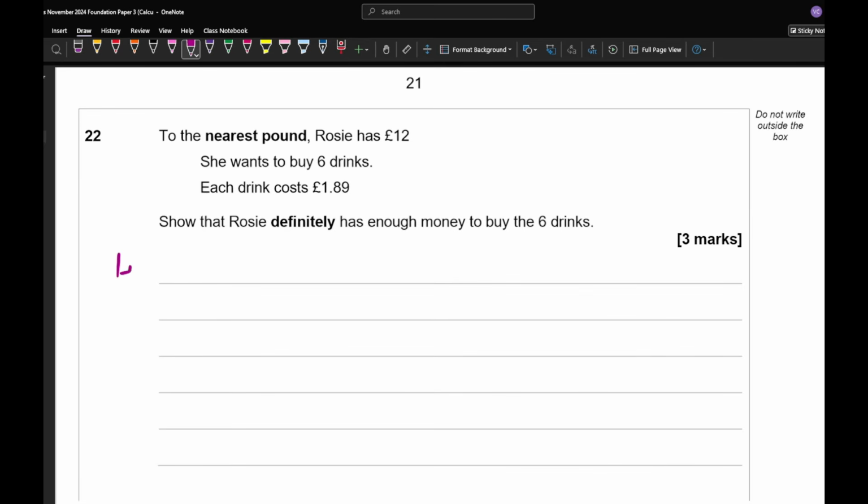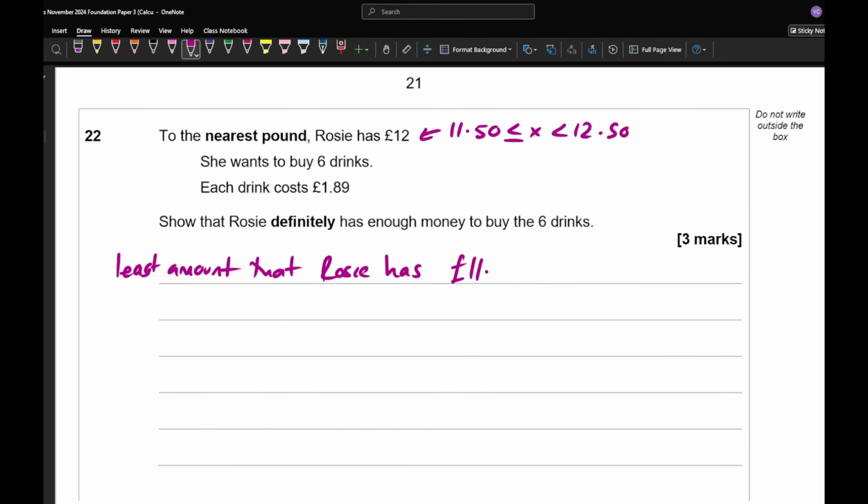So the least amount that Rosie has is going to be between £11.50 and £12.50. So the least amount is going to be £11.50.